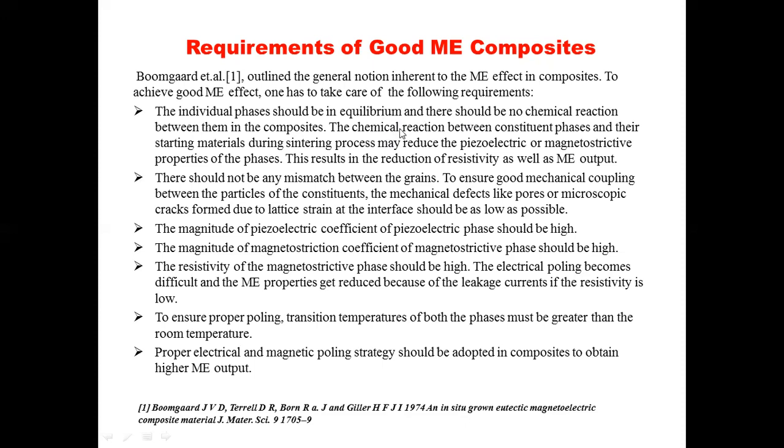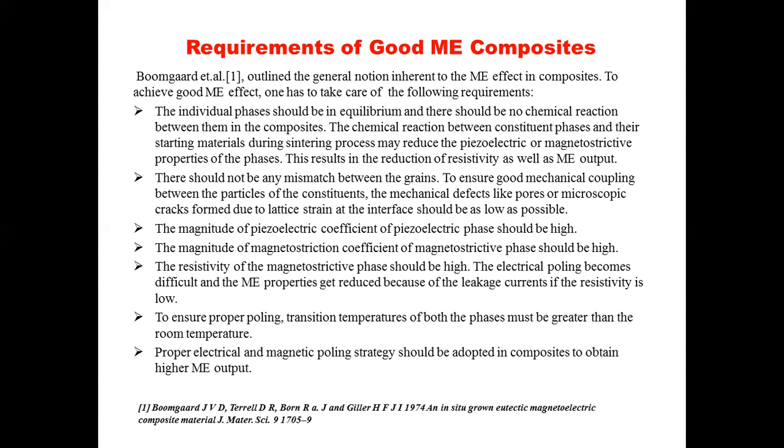Chemical reaction means actually here, an exchange of electrons taking place between the phase 1 material and phase 2 material. So phase 1 material in this case is a ferromagnetic material, whereas the phase 2 material here is generally a ferroelectric material. When these two materials are mixed together, there should be no chemical reaction between these two.